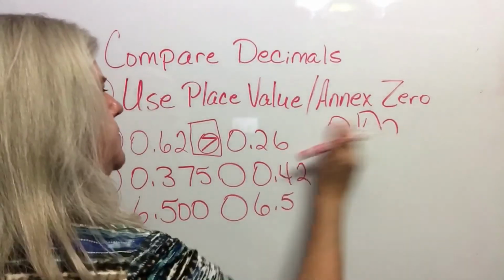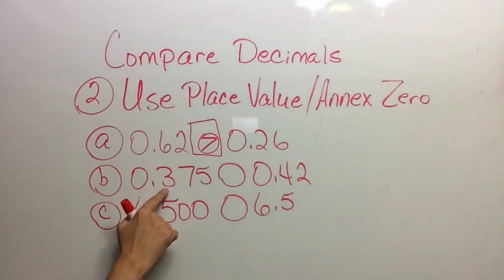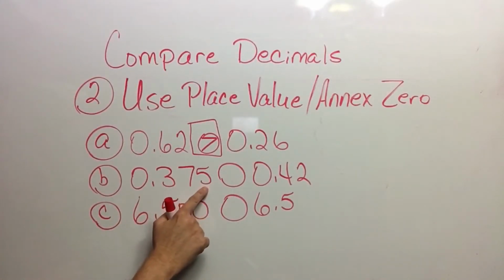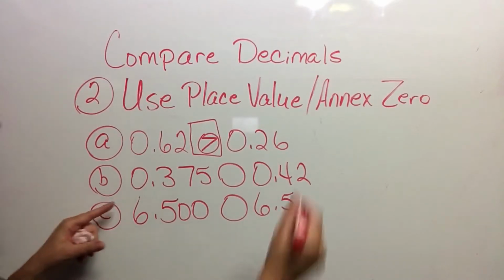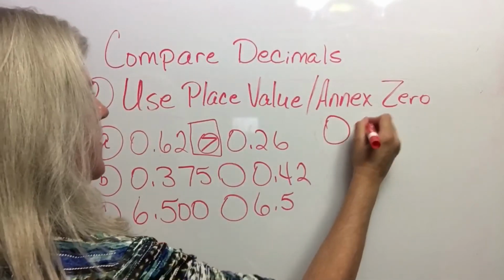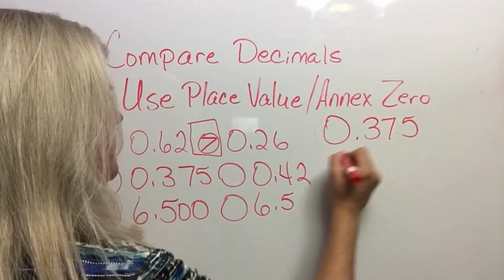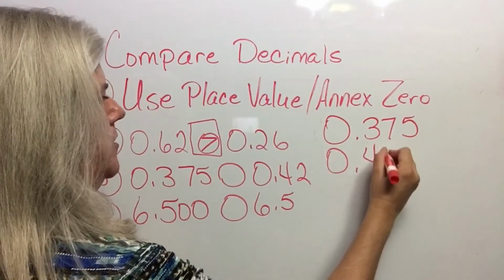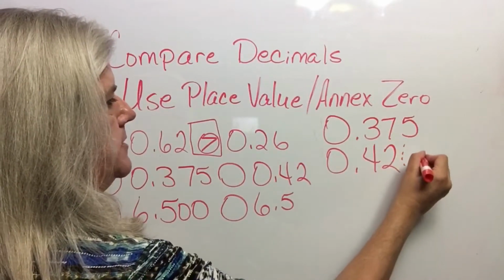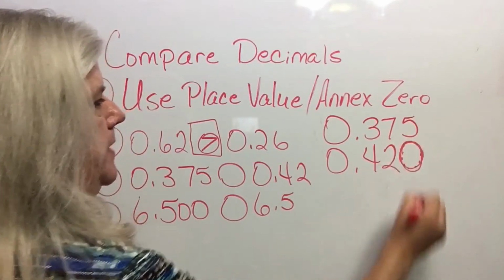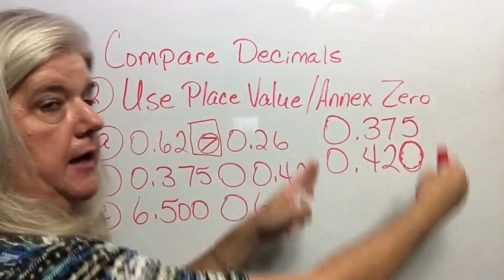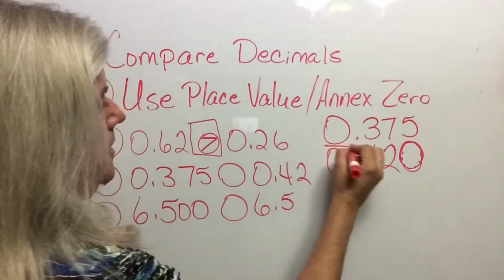All right, my next one is 375/1000 and 42/100. So I need to line these up over here. 0.375, 0.42. I'm going to annex or put in a 0 because I can do that, and I need everything nice and lined up where I can compare.